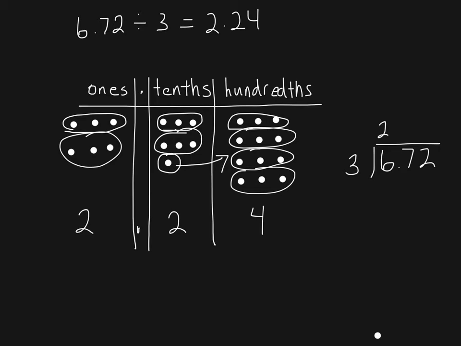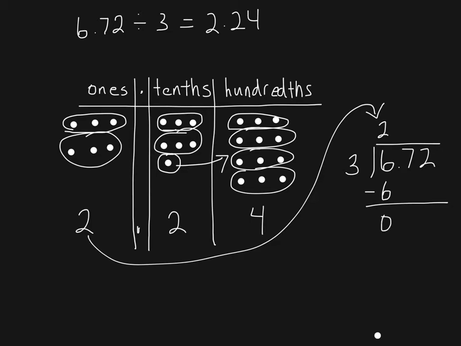And of course it's 2, just like it was in the place value chart. Then I'm going to multiply 2 times 3 to see if I have any left over. And of course I don't, because 2 times 3 is 6, and 6 is exactly what I have. So when I subtract, I'll have 0 left over, and I'm going to move over to the next place, and I'm going to bring down that 7 so I can work with it.